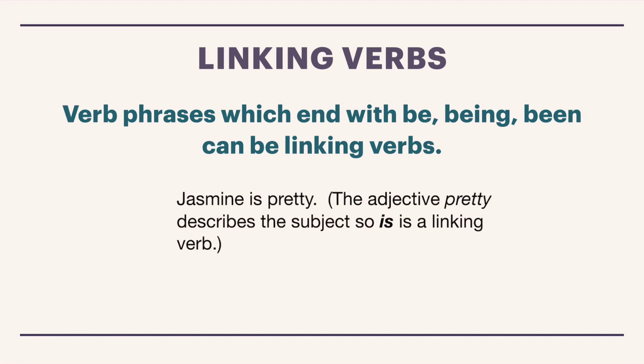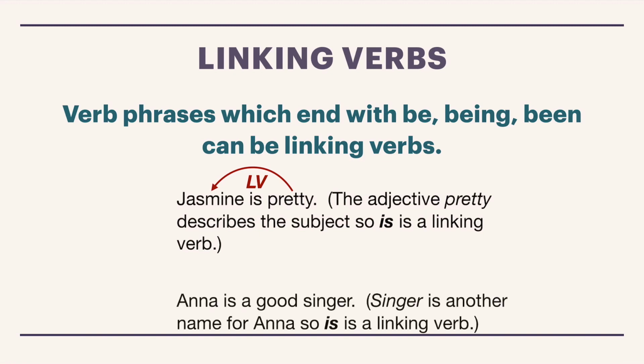Jasmine is pretty. The adjective pretty describes the subject, so is is a linking verb. Anna is a good singer. Singer is another name for Anna, so is is a linking verb.